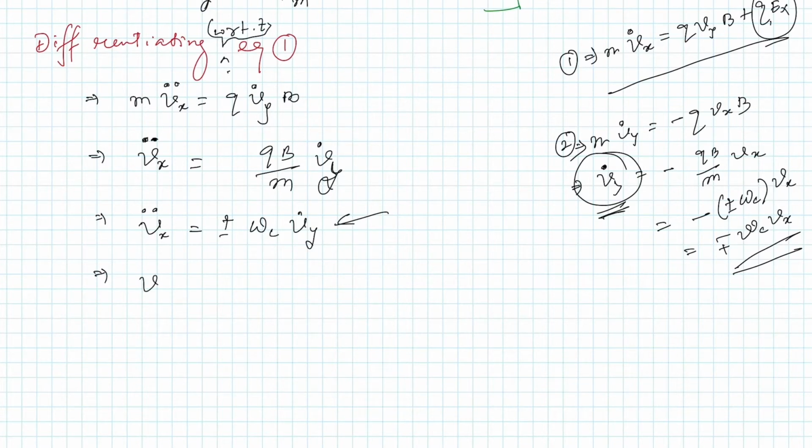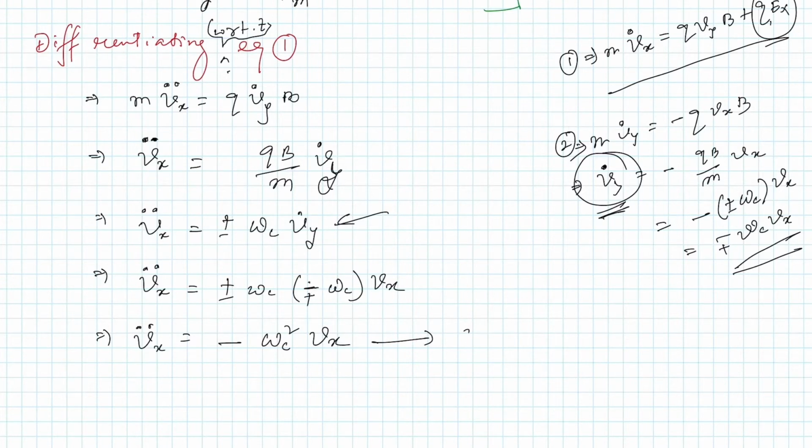Doing so, we will get v x double dot is equal to plus minus omega c into minus plus omega c v x. If you multiply these two, we will get v x double dot equals minus omega c square v x. This is equation number 6. Hope you have understood how we have got this one.